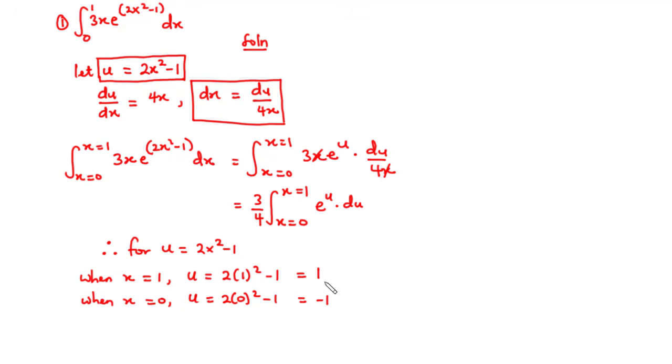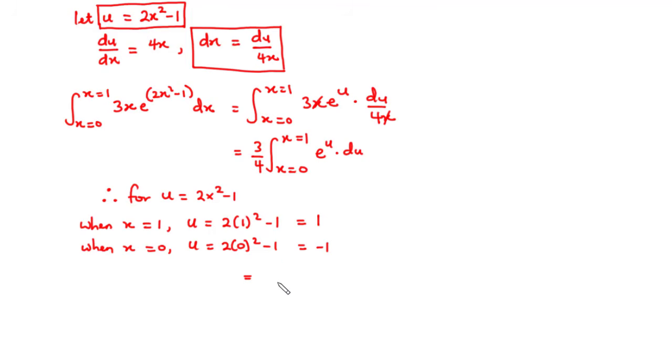Now let's plug in 1 and then negative 1 into this integral. So we are going to have 3 over 4 times the integral, with u equals 1 for the upper limit and u equals -1 for the lower limit, of e to the power u du.